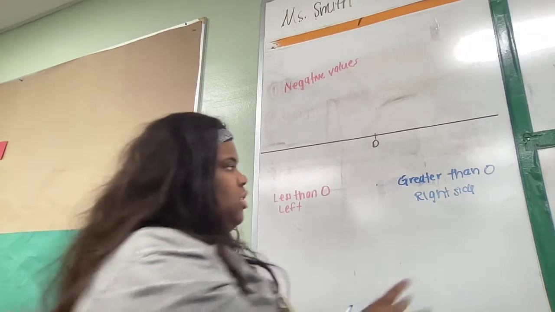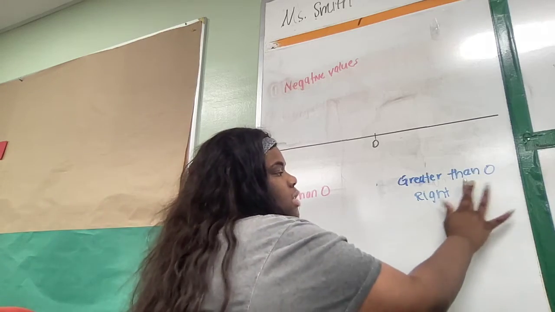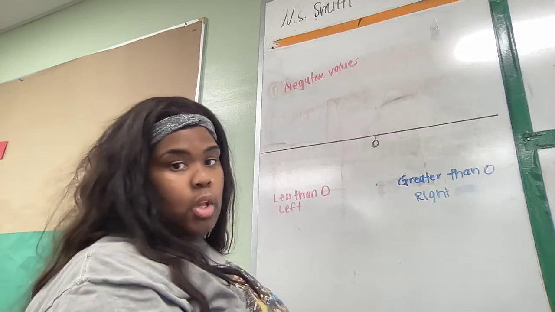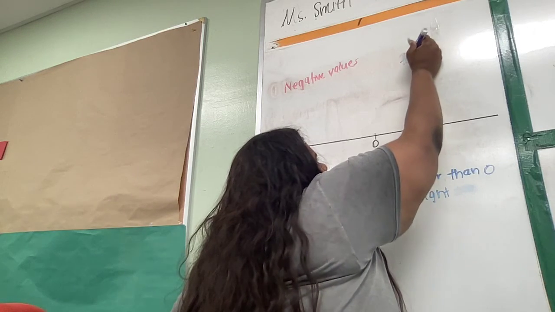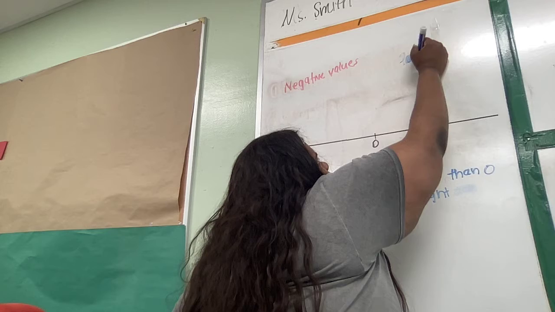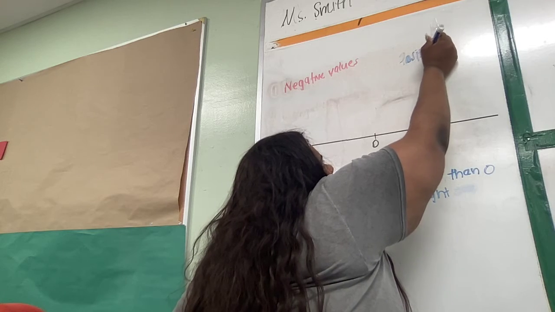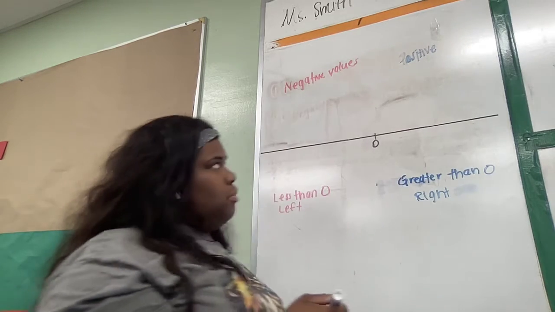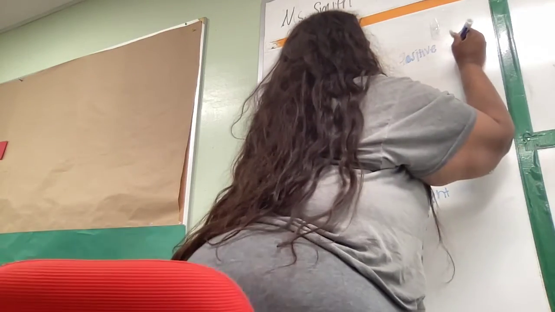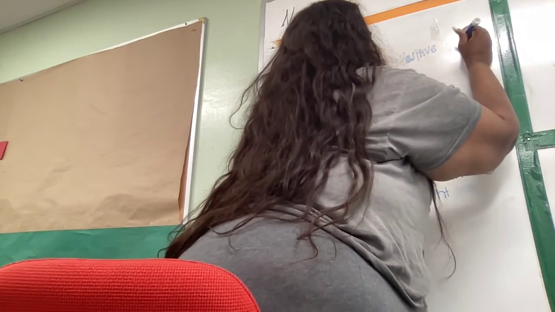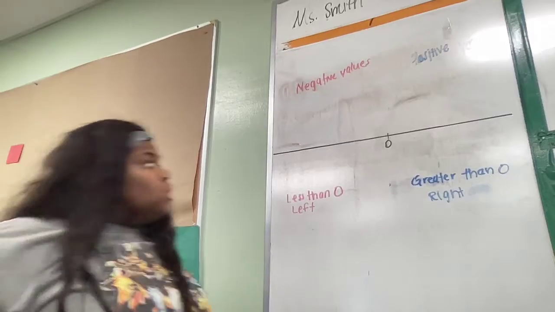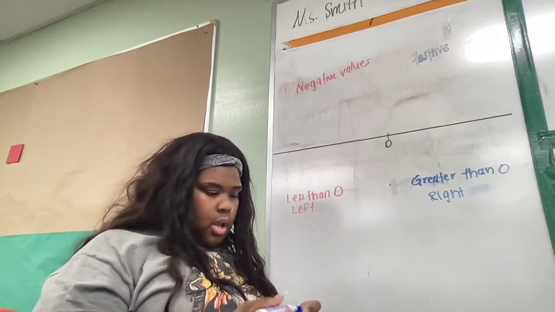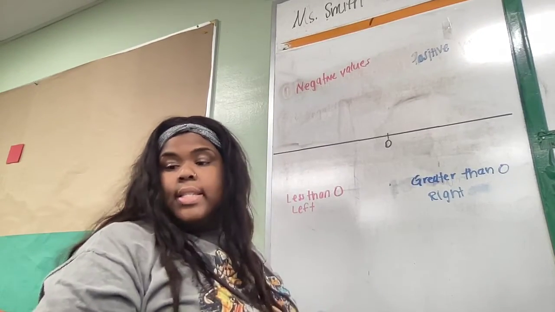Right side, or just write right, so it's easier to remember. Okay, and those values we're going to write positive values. Okay, and we're going to write those in blue so you guys can see the difference.